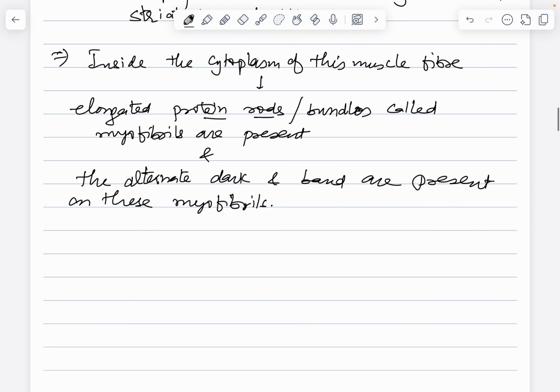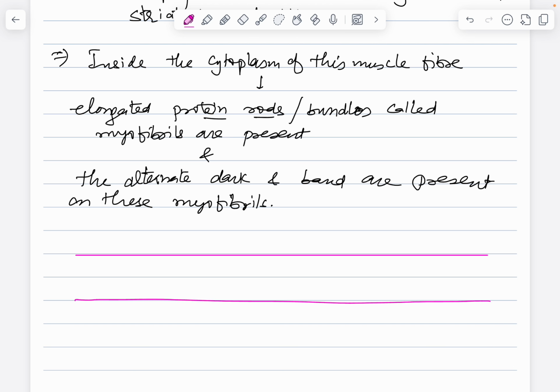So let me draw it again. Here's your sarcolemma of the muscle fiber.